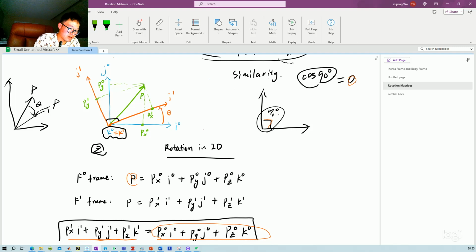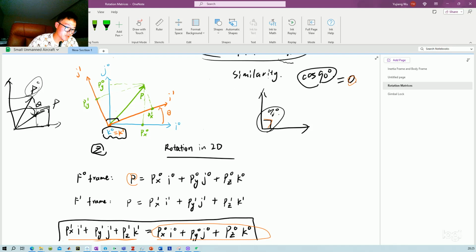If you think about it, initially you had the P in frame 0, and then that has a projection like that, and then if you think about this frame as frame 1, the projection becomes that, and then we are actually rotating the P.